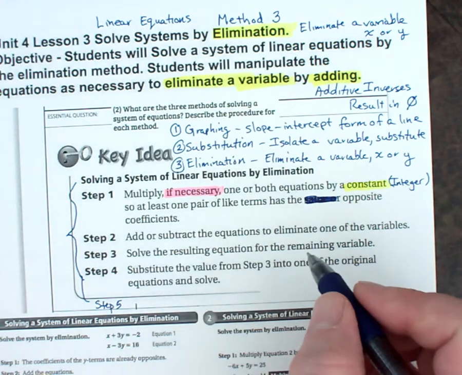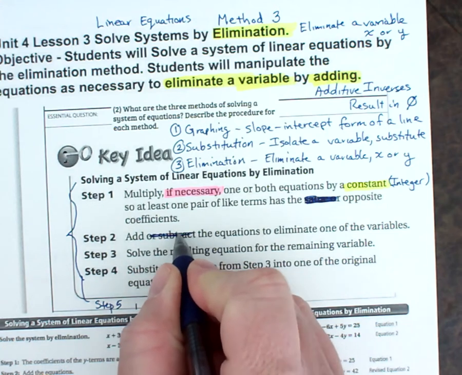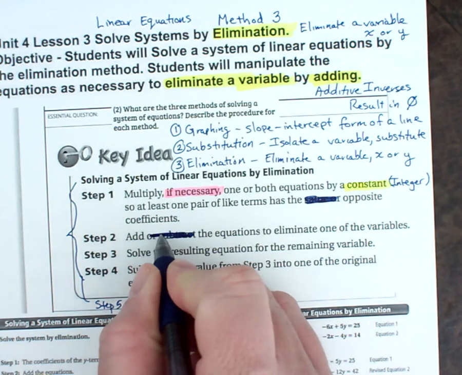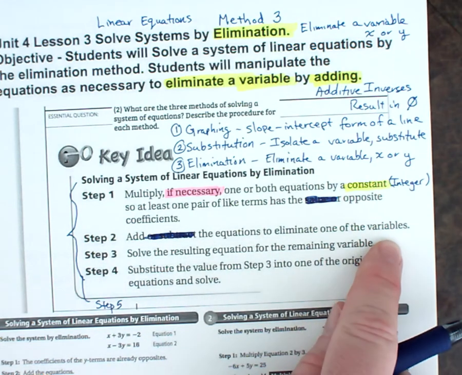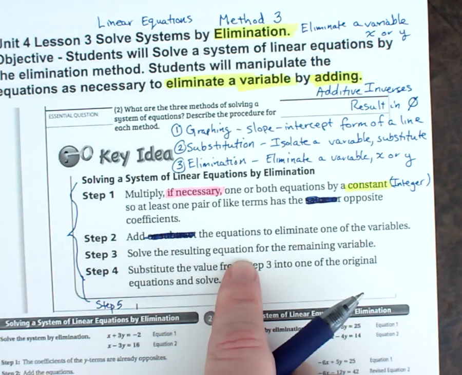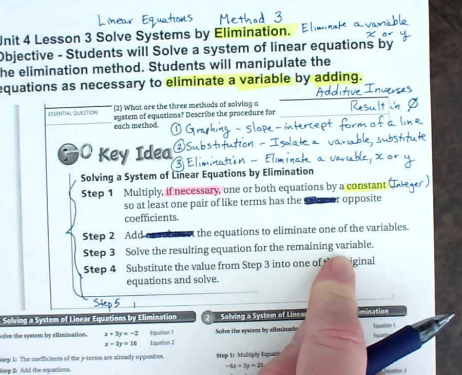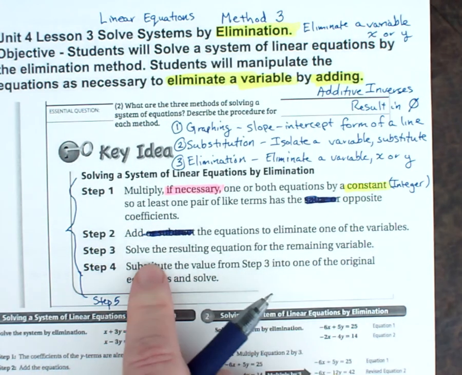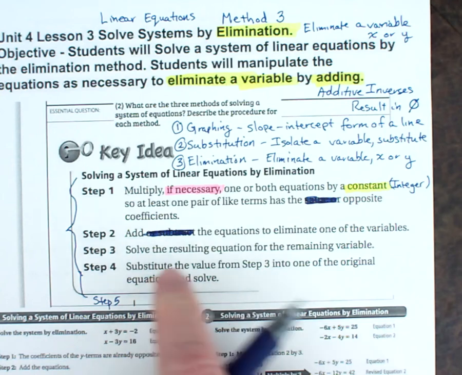So then you proceed through the rest of the steps. Step 2, add or subtract. Well, we're not going to subtract, so we're just going to add. Cross off or subtract, and just write add the equations to eliminate one of the variables. Solve the resulting equation for the remaining variable. Then once you know an x or a y, you can plug it into one of the other equations and solve for the one you don't know.